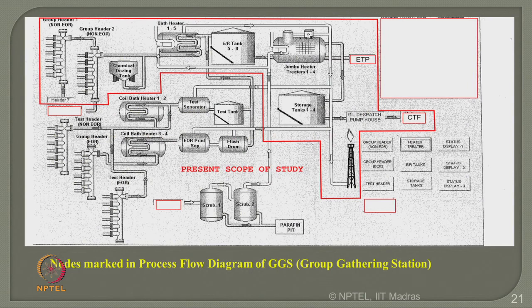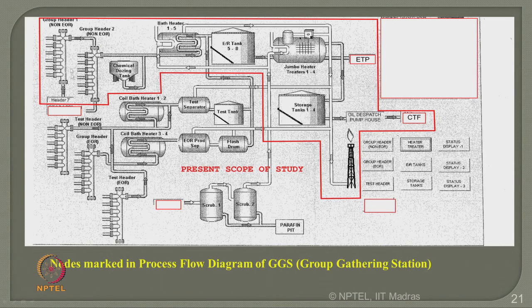The figure on the screen shows you the process instrumentation diagram, where the process is explained in a graphical manner. These are all the non-enhanced oil recovery headers, which we call sub headers, and which have a group header 1 and group header 2.